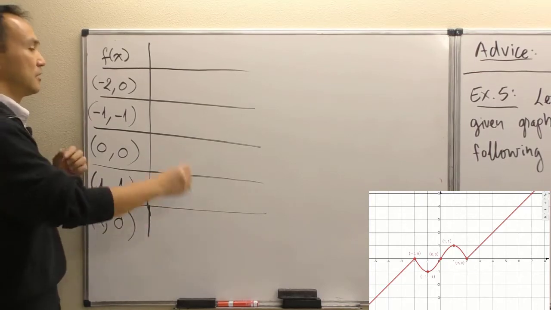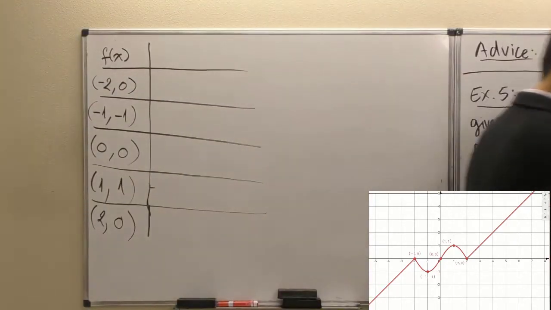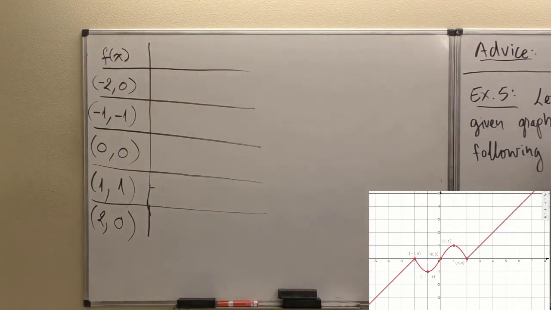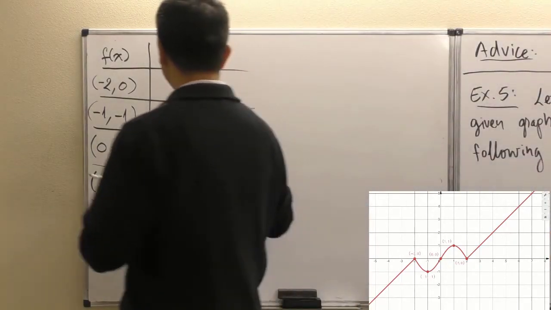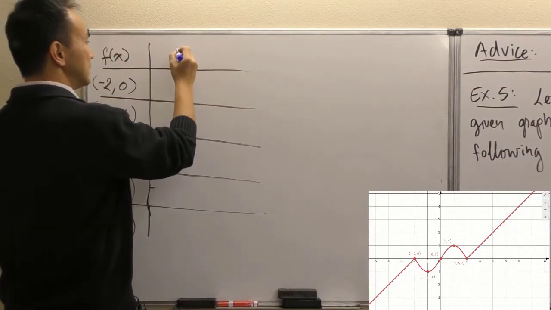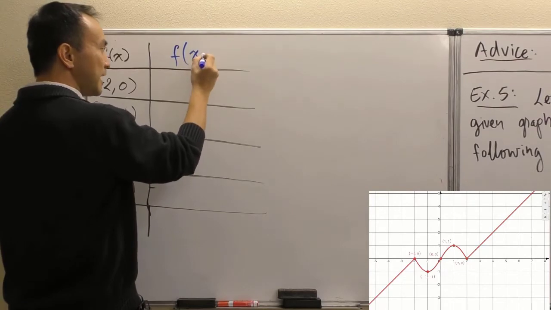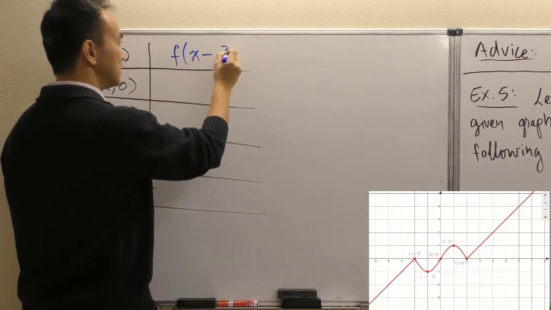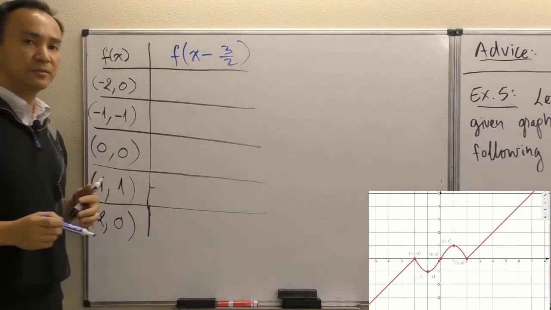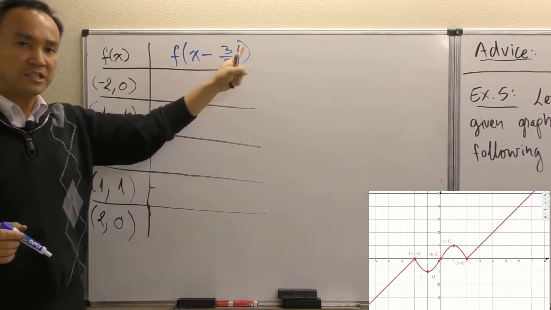All right, so now I am going to draw the version of f of x minus 3/2, and this is about the descendants function.